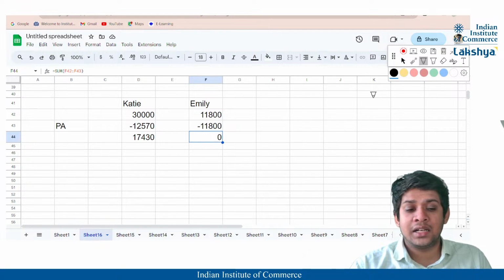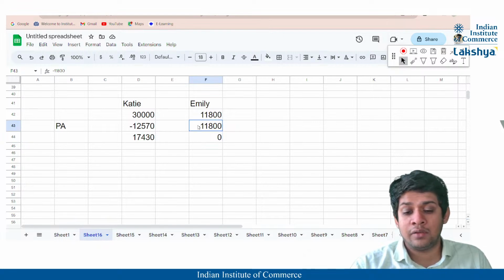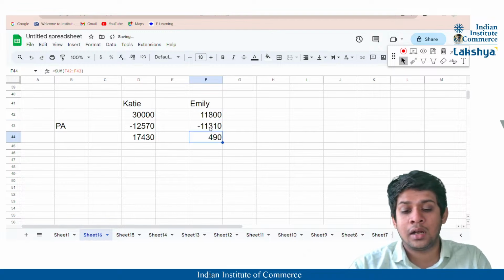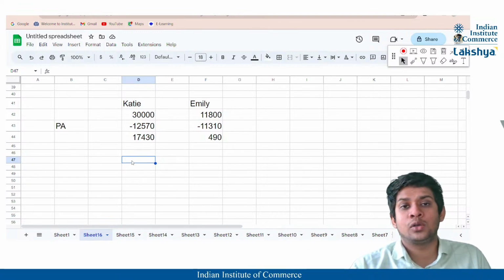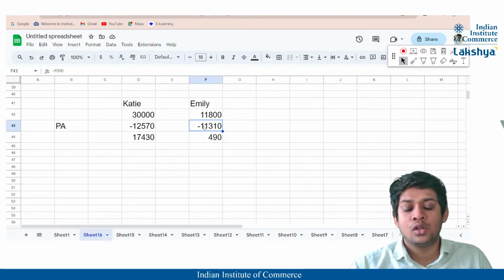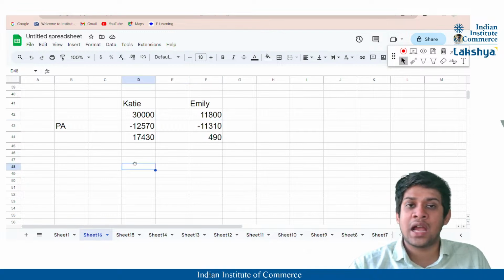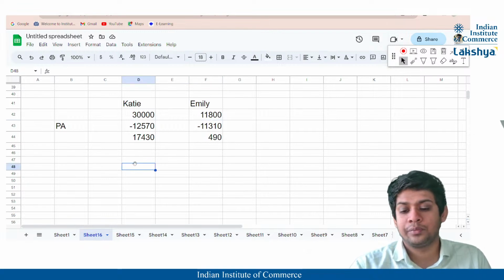So I'll deduct here not 11,800. If she wants to make an election, I will deduct here 11,310. That means Emily will have a taxable income of 490 and then she can make a transfer of 1260 to Katie. She should have that 1260 to transfer, so she will deduct only this much so that she has a sufficient amount to transfer.